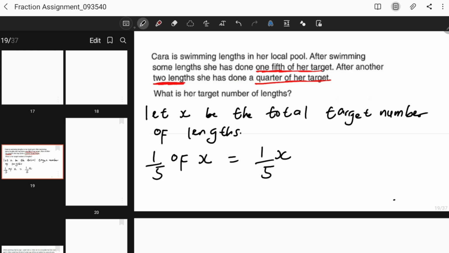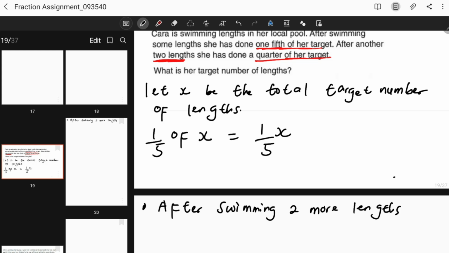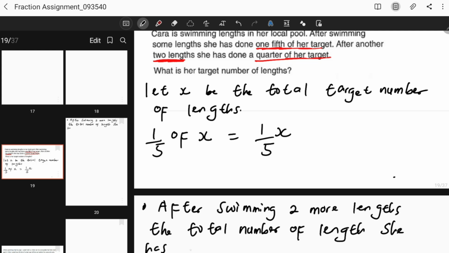This simply means that, let me write, after swimming 2 more lengths, the total number of lengths she has swum is equal to 1/5x plus 2.